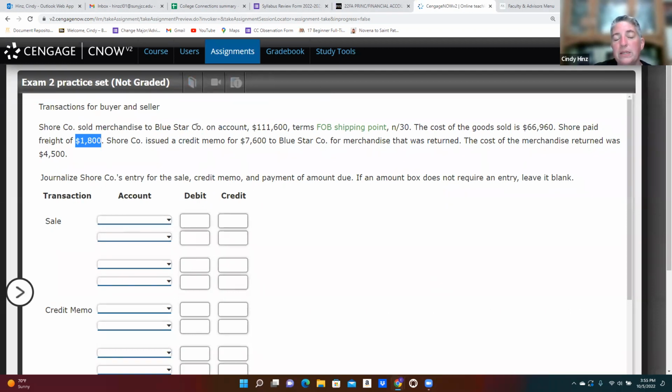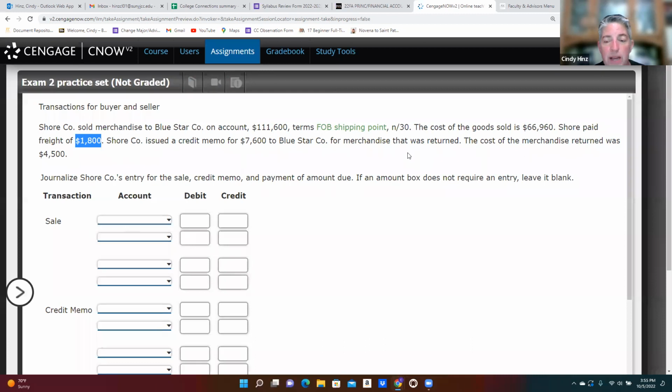So ultimately, it is Blue Star's responsibility to pay that because of the FOB, the free on board, the freight terms. Shore Company issued a credit memo for $7,600 to Blue Star for merchandise that was returned. Cost of the merchandise was $4,500. Doesn't tell us the merchandise was defective, so we assume that it's going to go right back into inventory.